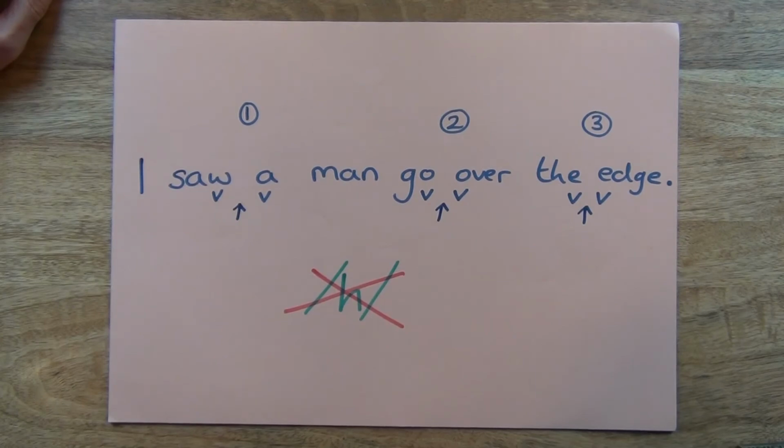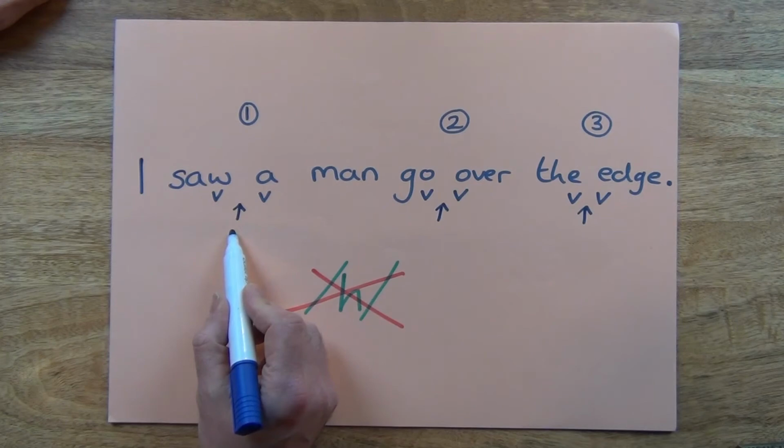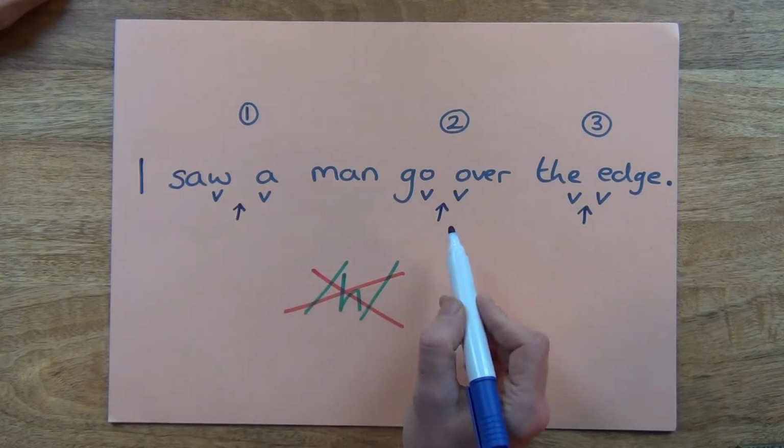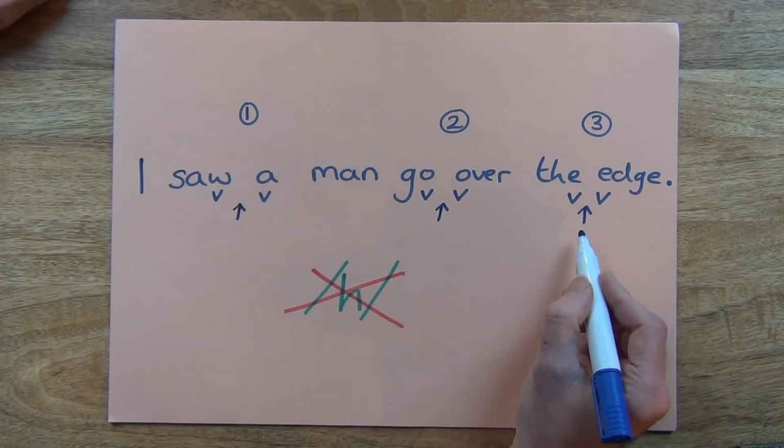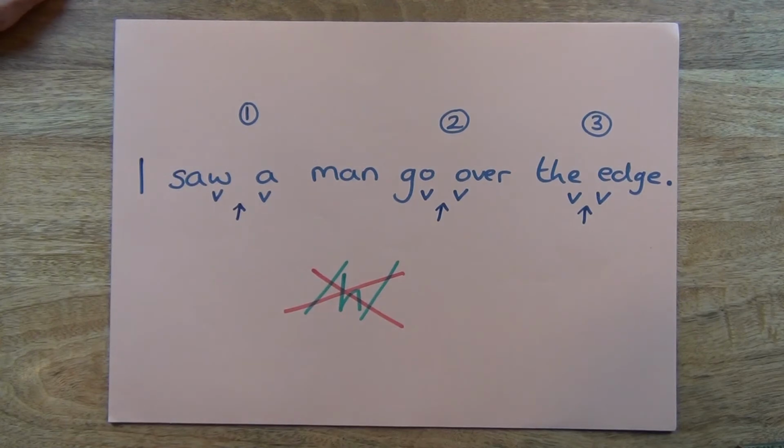I saw a man go over the edge. Didn't sound good, did it? Alright, here we go. I'm going to say the sentence again, quite slowly. I want you to listen and try to identify which sound I add in number 1, and which sound I add in number 2, and then which sound I add in number 3. Here we go. I saw a man go over the edge.